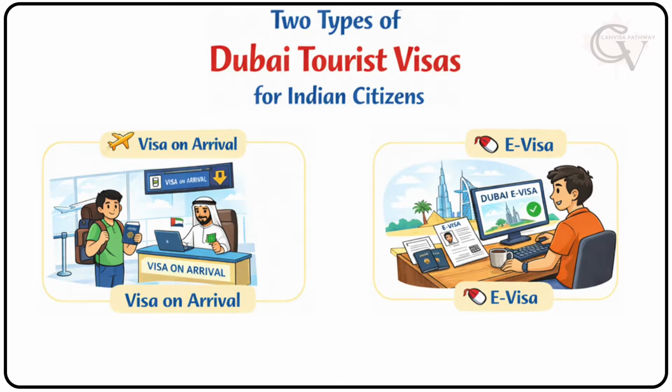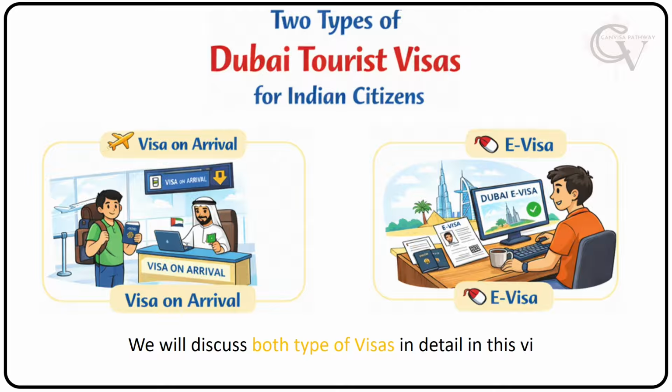Second option is applying for an e-visa before traveling to Dubai. You do not need to go anywhere. You can get an e-visa sitting at home. So here we will discuss both processes in detail, and I will also explain the cost of each kind of visa. Let me explain to you step by step.